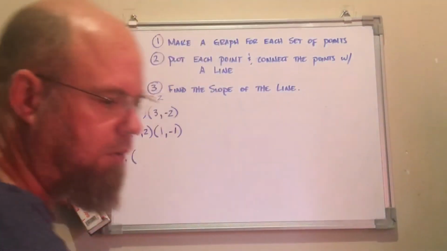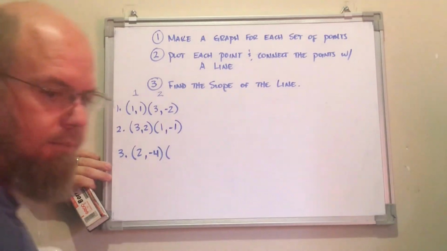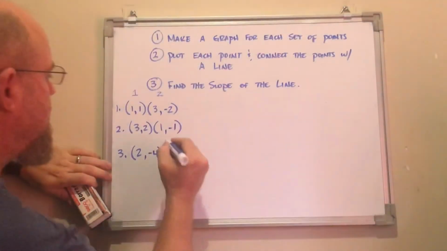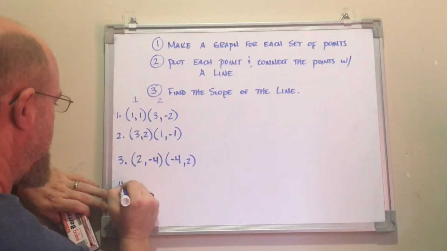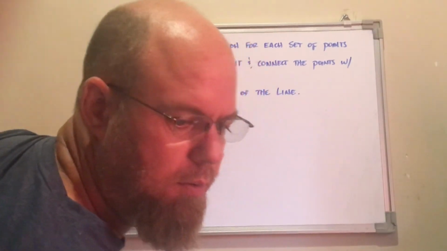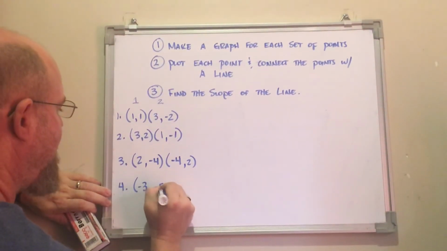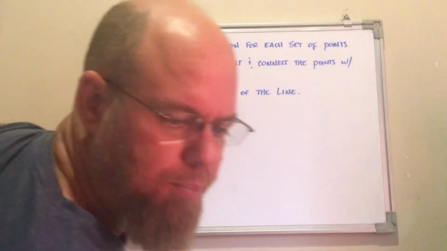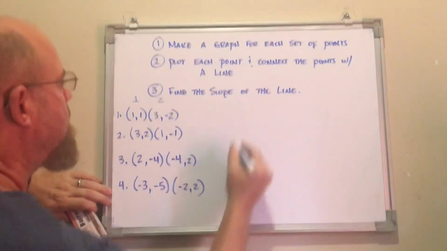We are going to do 2, negative 4, and negative 4, 2. Number 4. We are going to do negative 3, negative 5, and point negative 2, 2.